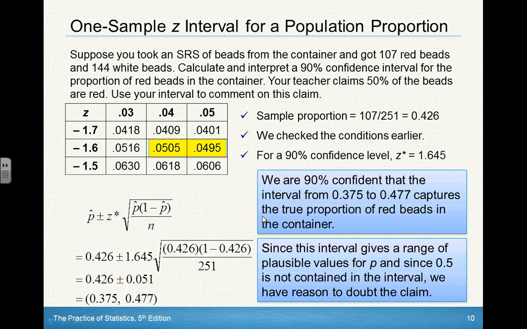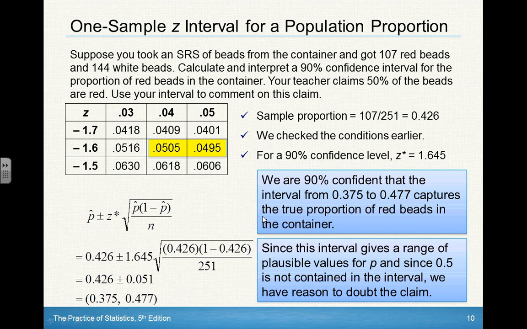Now remember, I claimed that there were 50% red. What do you think about my claim? Well, you don't believe it. It's possible because you're not guaranteed to be right. In fact, if we use this method in lots of different groups around the classroom, 90% of the groups will capture the truth. 10% of the groups will miss it. Which one are you in?